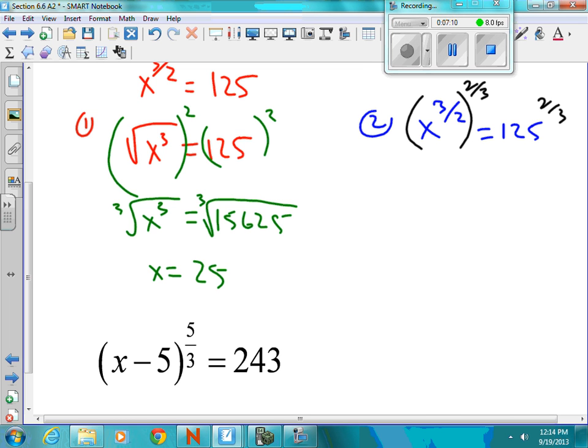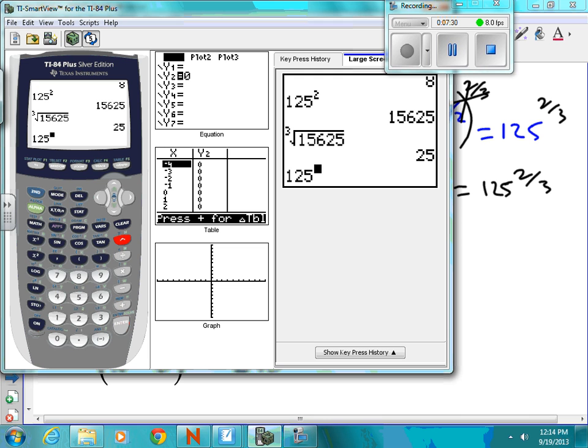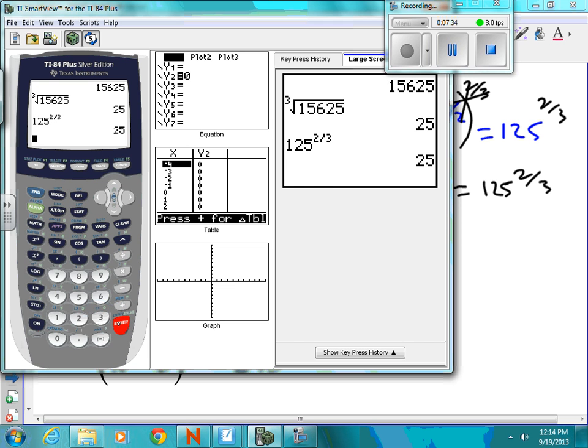Well, this would be a power of a power. So we'd have 3 times 2 over 2 times 3, which is 6 over 6, or 1, which means they cancel out. So we get x equals 125 to the 2/3 power. And when we put that in our calculator, can we put that in our calculator? Yes, we can. 125 to the 2 divided by 3 power, we get 25, same answer.